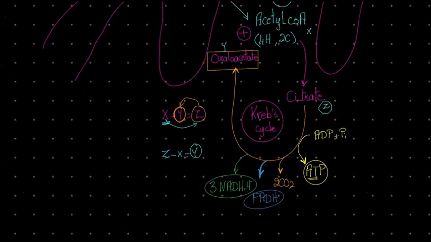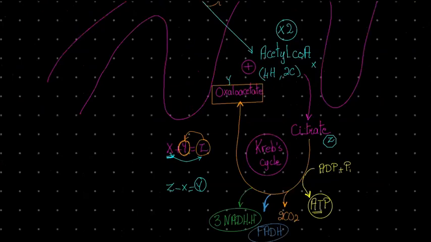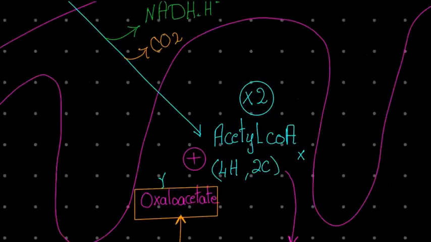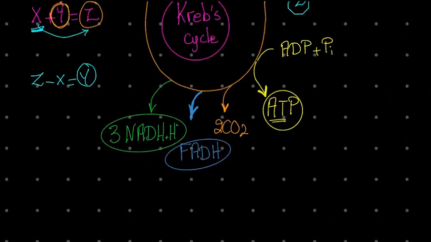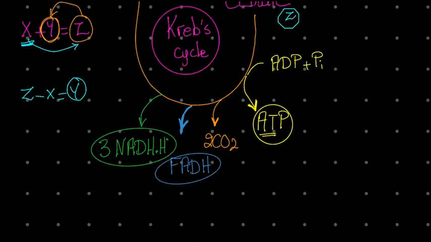How many acetyl-CoA do I have from each glucose? 2, right? So how many ATPs will result from the Krebs cycle from a glucose?